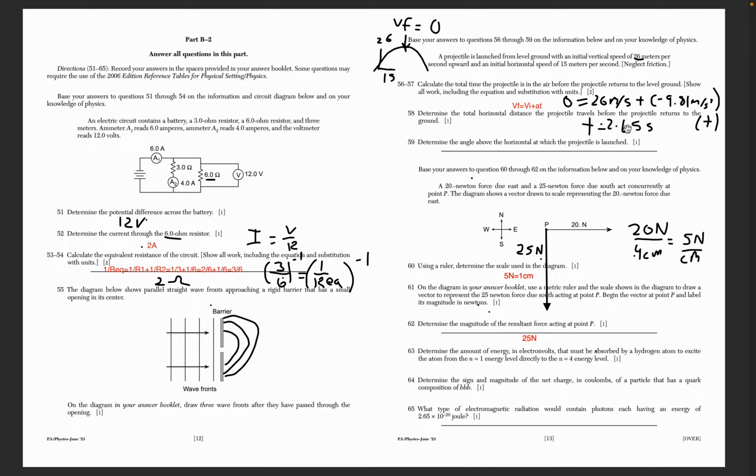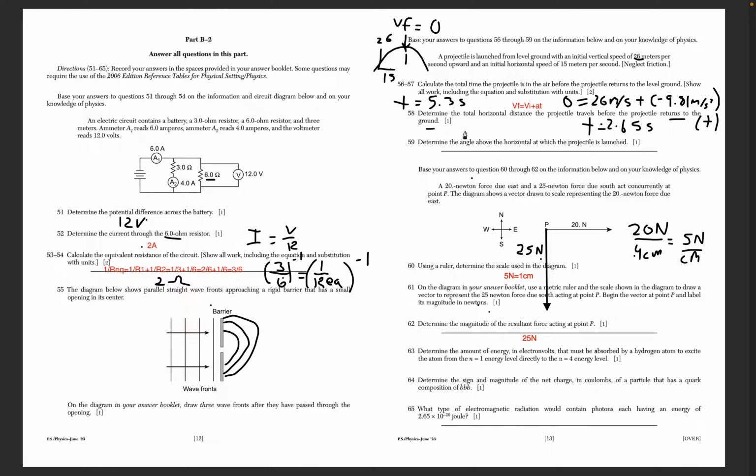But the problem with this answer is that this is the time it takes to reach max height. We're trying to find when it returns to the ground, so we're trying to find the full time. At half of it, it's 2.65. For the total time, you just multiply this by 2, so the final answer is time equals 5.3 seconds. That's the final answer.